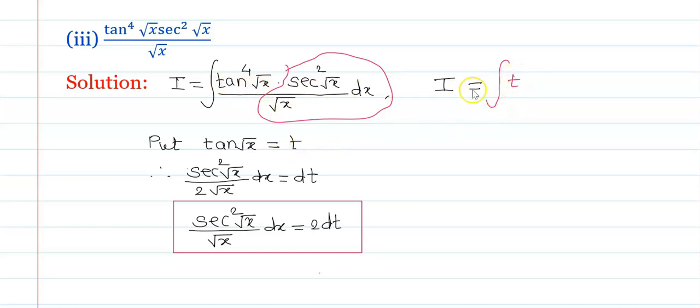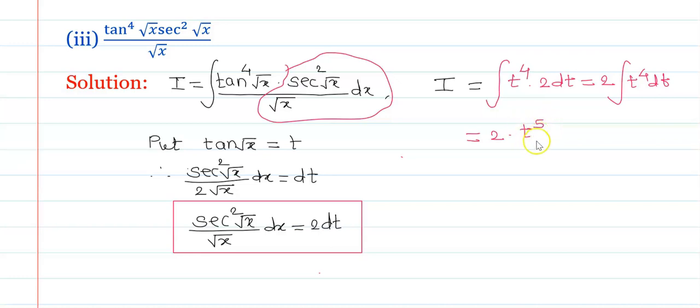Therefore here tan raised to 4 root x becomes t raised to 4, and here 2 dt. Again this can be written as 2 times the integral of t raised to 4 into dt.